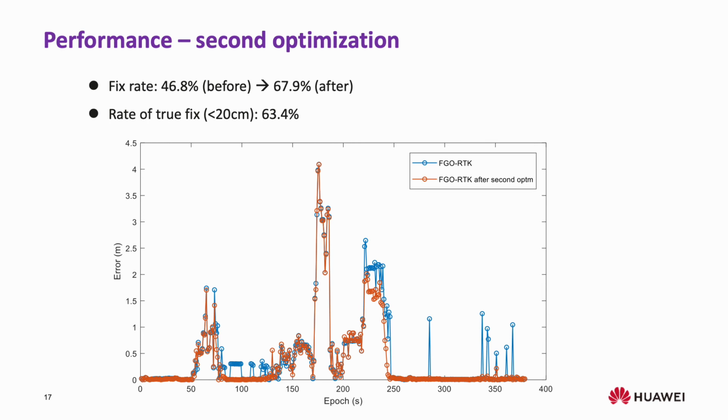In urban areas, it's very common to have a false fix output from the algorithm. The position errors within a wavelength are supposed to be a true fix. I also figured out the true fix rate, which is about 63%, and this indicates about 4% of the fixed solutions at the second optimization are false fix solutions.